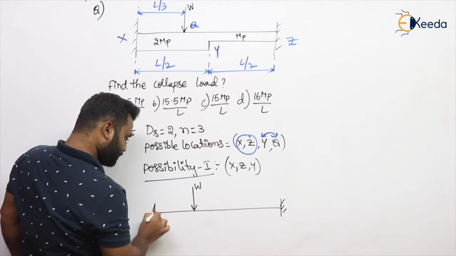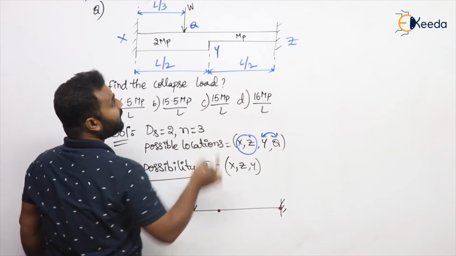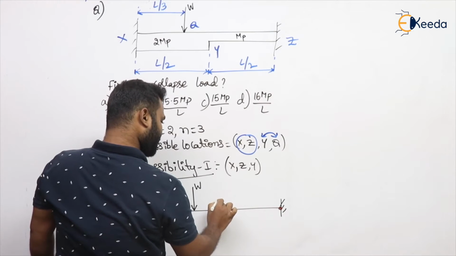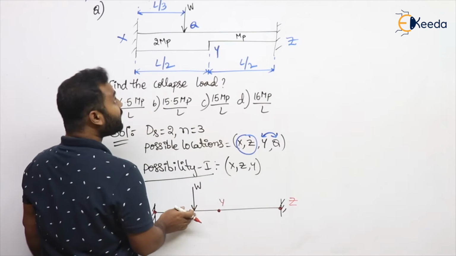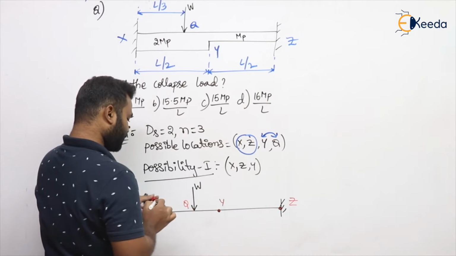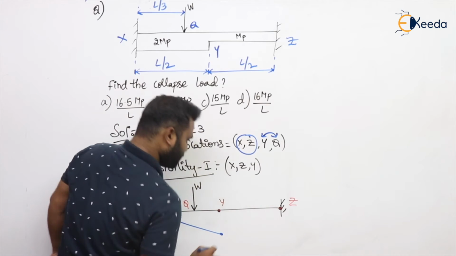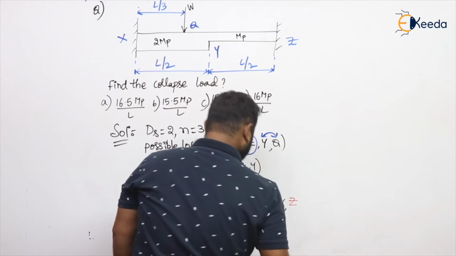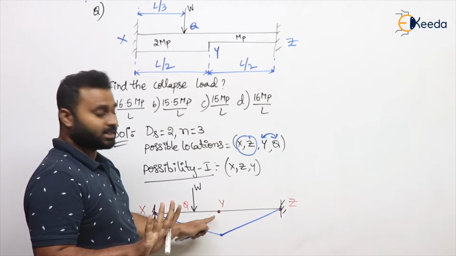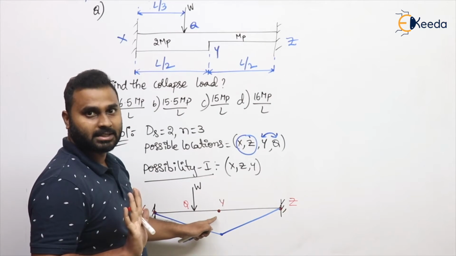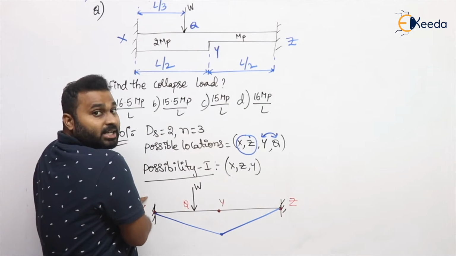Here it is X, one fixed end, and the other fixed end is Z, and at the center it is Y. This is X. This is Z. And here it is Q. Now the mechanism diagram will be like this. As the plastic hinge in the span is forming exactly at the center, the angles at both ends will be the same.